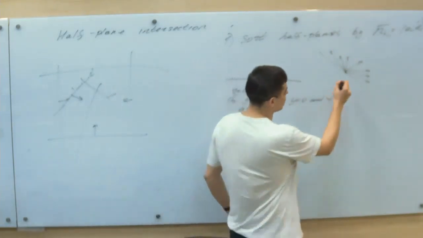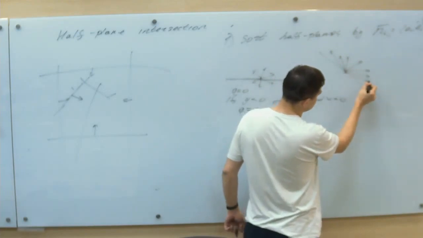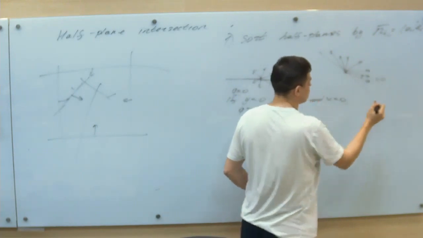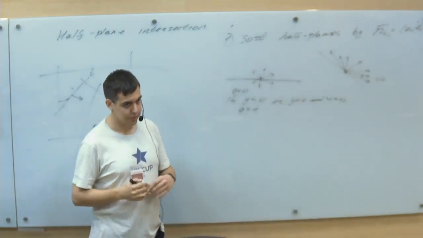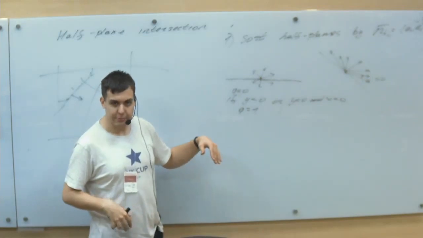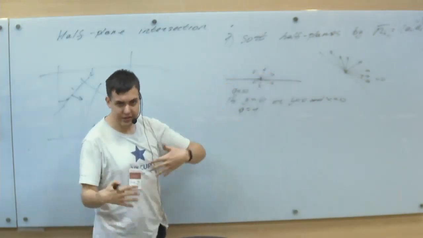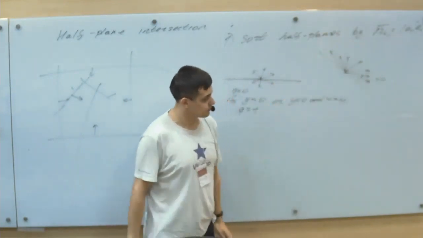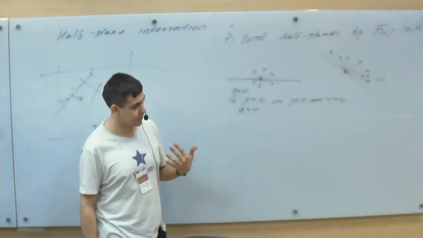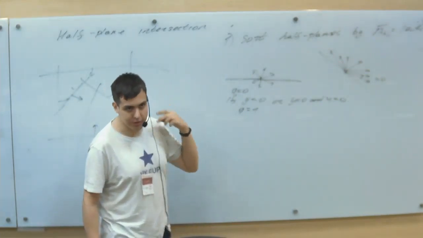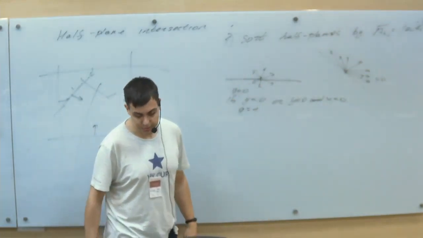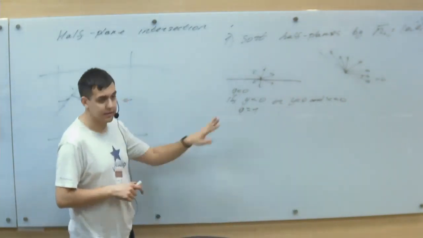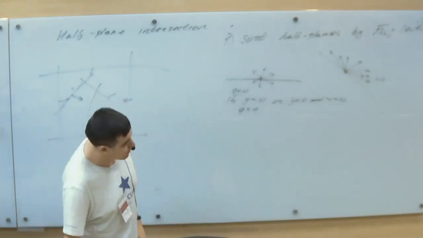So one vector is less than another if the vector product is greater than 0. So if the vector product of the first and the second one is greater than 0, then that's the correct order, since we want the counterclockwise order. And if you want clockwise, you can just do less than 0. Okay, so that's how we sort the half planes.